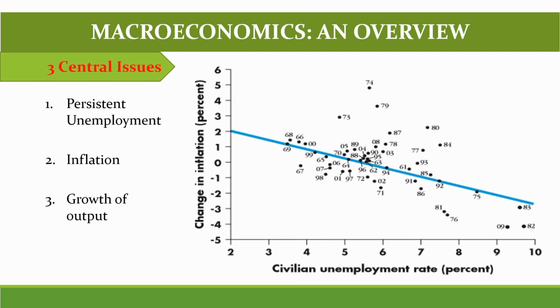The relationship between inflation and unemployment can be described using this diagram. This graph is called a Phillips curve. The Phillips curve is an economic concept developed by A.W. Phillips, stating that inflation and unemployment have a stable and inverse relationship.